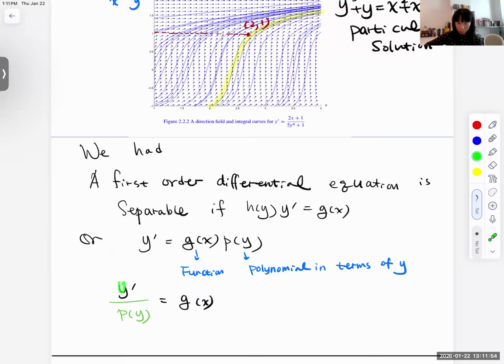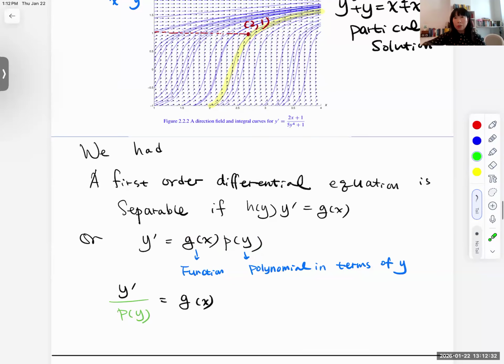So we have y prime times the polynomial in terms of y. Divide by p of y on both sides, then we get this one. So either this one or this one. Can you see that? This is the function in terms of y, and y prime equal to the function in terms of x.